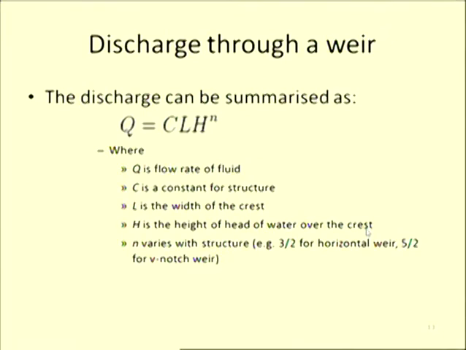What is the height of the water? That needs to be taken, and this index n varies with different structures. This is 3/2 for a horizontal weir and 5/2 for a V-notch weir. So this is a general representation of the equation for measuring the flow through weirs.